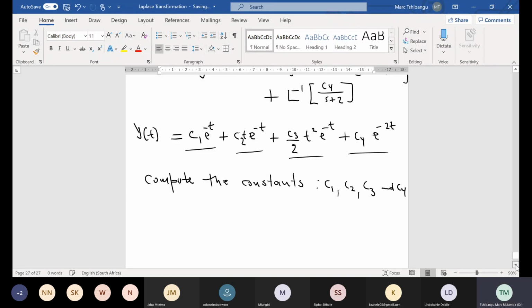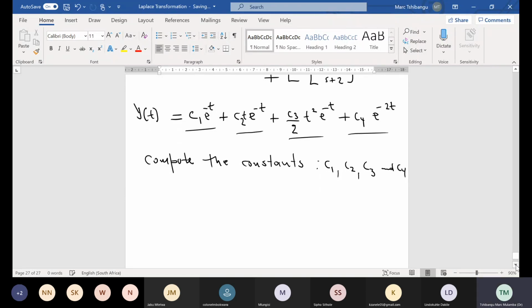So we need to look at the function that we have. We can compute C1 and C4 easily because it's similar to what we've just done. So we're going to start with the easier constants to get and then finish with the more challenging ones.